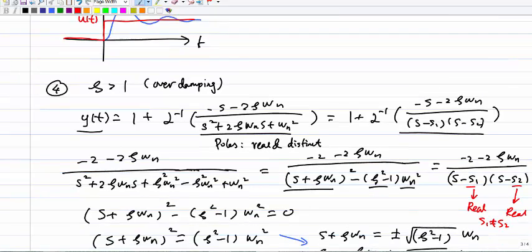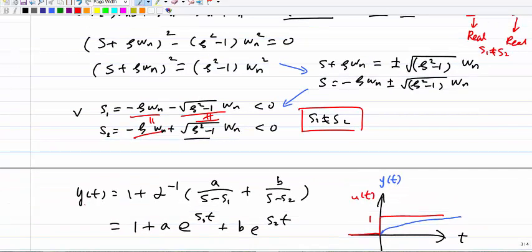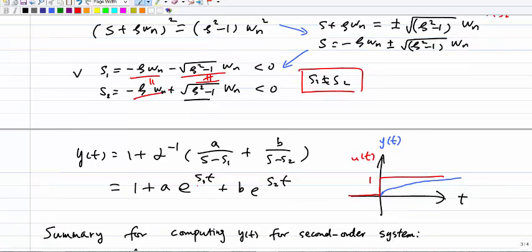So by doing that, I can write Y of t as 1 plus L inverse of A over S minus S1 plus B over S minus S2. So the solution will be 1 plus A e to the S1 t plus B e to the S2 t. Note that S1 is negative, and S2 is also negative, and both are real.